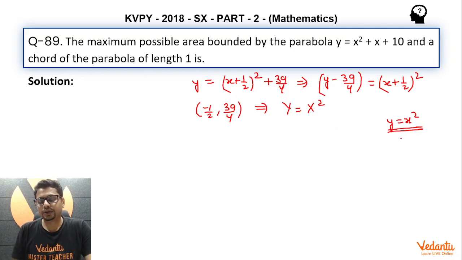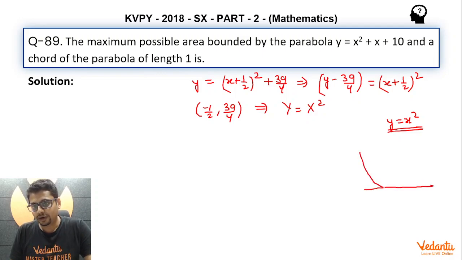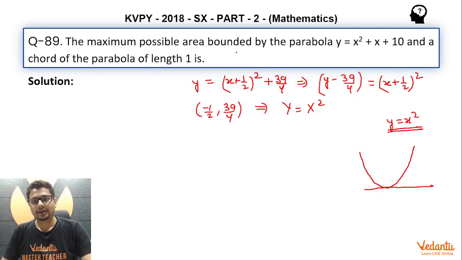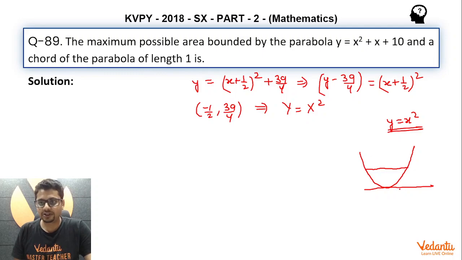So here, now let's consider y equal to x square. And what we are looking for is the maximum area bounded by a chord of length 1 and y equal to x square. Now, by symmetry, we may say the maximum area should be bounded by that chord which is parallel to the tangent at vertex of this parabola.